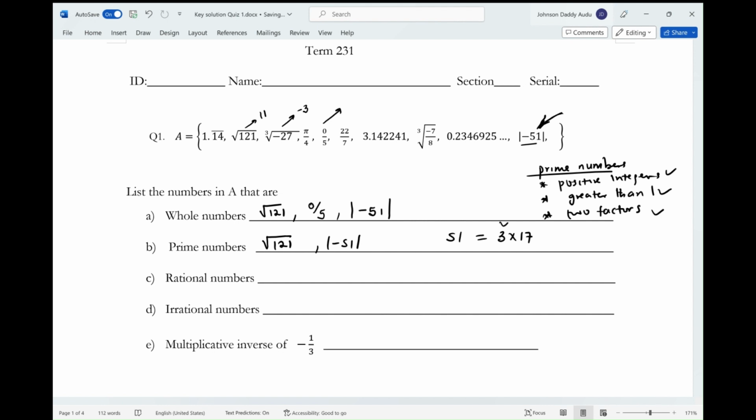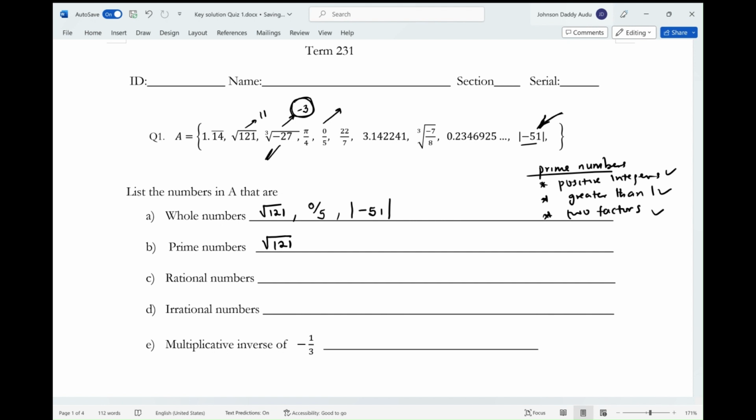It means 3 is a factor, 17 is a factor, then itself is also a factor. So this 51 is not included here. So it means we have only one prime number. And prime numbers cannot be negative, right? This is minus 3. So we cannot choose the cube root of minus 27 as well.